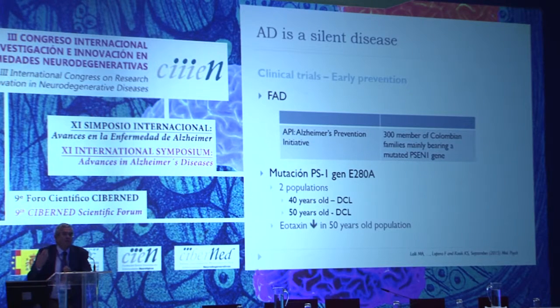Then it should be a protective factor. And when they did a genetic screening to see what happens with these people who develop the disease later, they found that the main change was in the eotaxin gene, with the function of this gene going down.